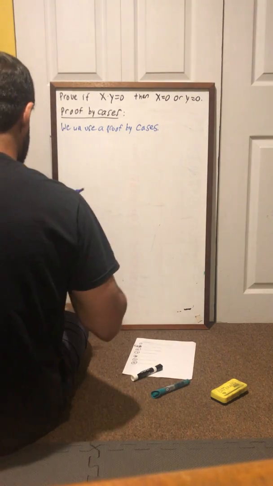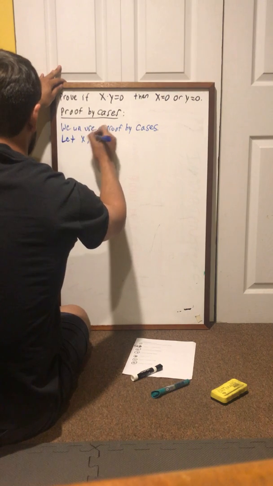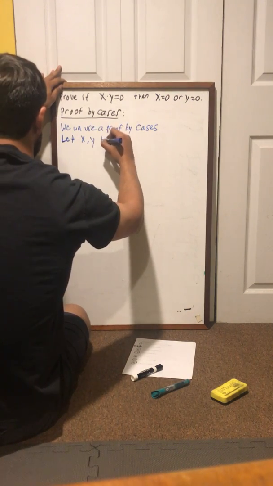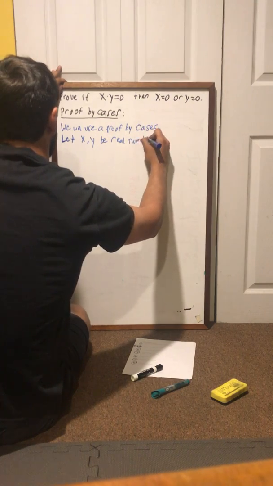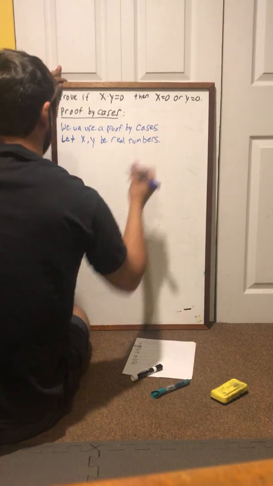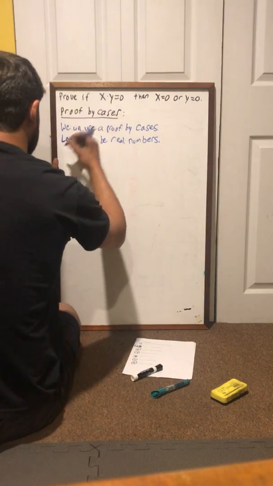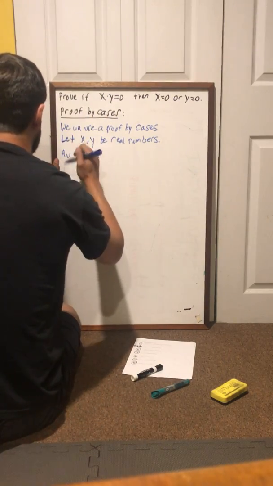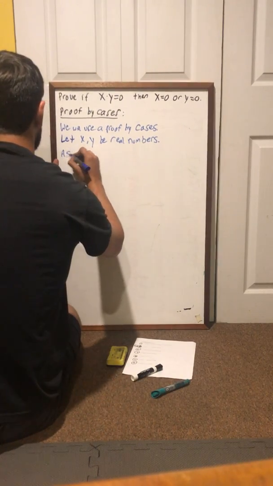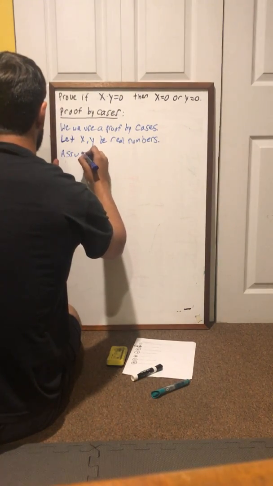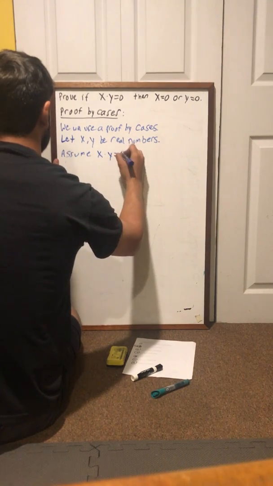We're going to let x, y be real numbers. We're also going to assume x times y equals 0.